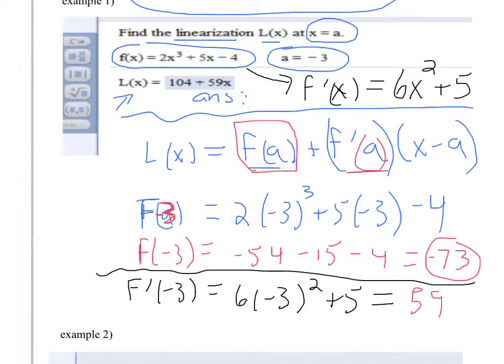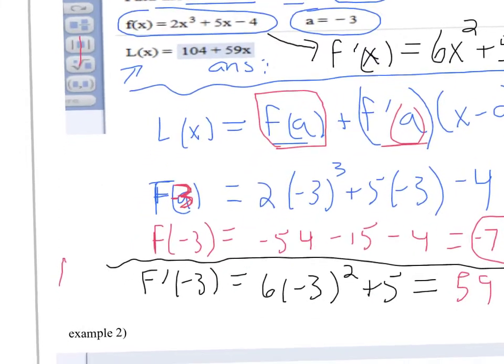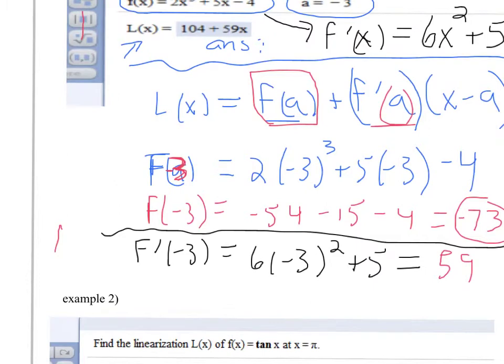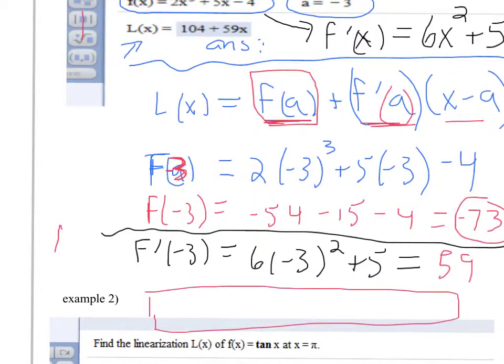Now you just keep laying that groundwork. As the recipe says, f of a plus f prime of a times x minus a. So in the end, when we get our linearization, that's going to be -73 plus 59 times x minus a, but your a was -3.